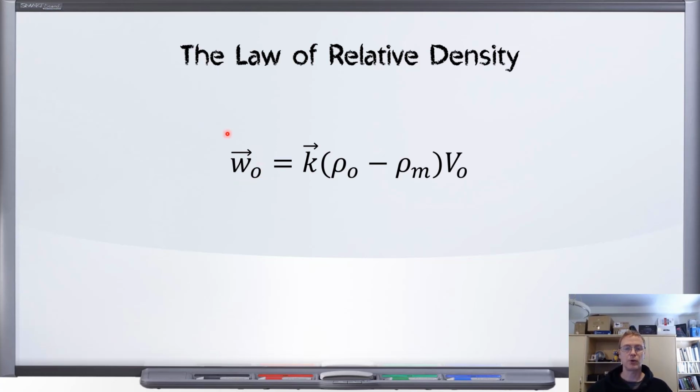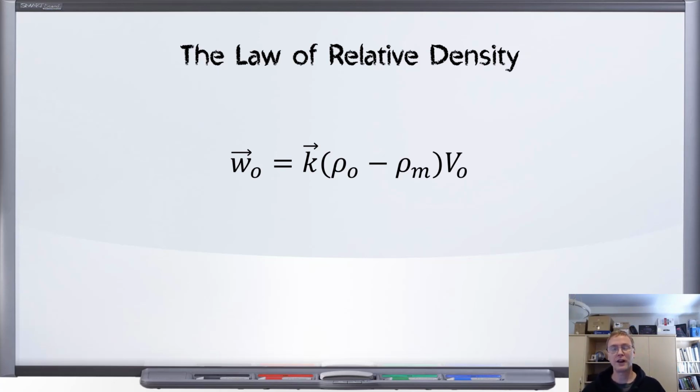Weight is a vector that points down. And where does that downward come from? In the equation, we can see that it comes from our K vector. Doesn't explain why, but we measured this K value from nature, and it showed us that for some reason, nature wants to pull things downward.